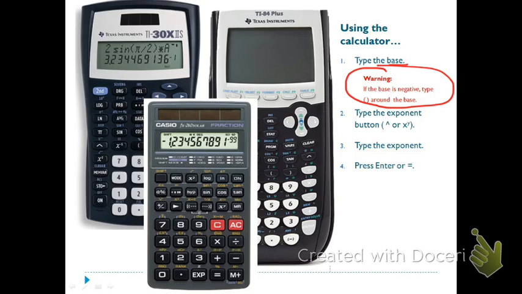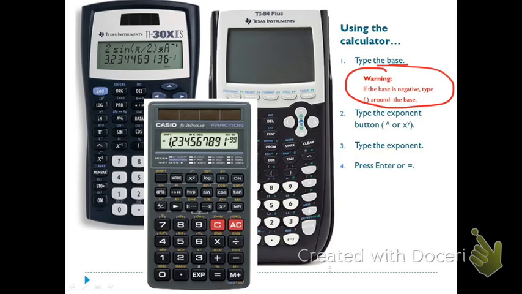You'll need to use a scientific calculator or a graphing calculator in order to solve exponents. Most four-function calculators are unable to solve exponents using this simple button. You'd have to multiply it out, like 3 times 3 times 3. So there is a button to make this a whole lot shorter.